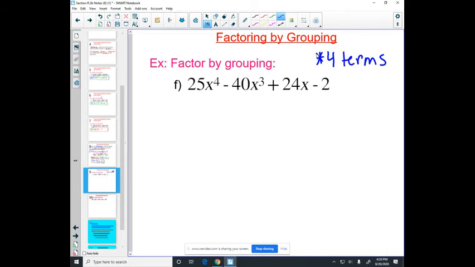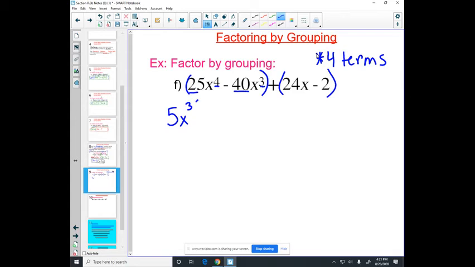So we group the first 2 terms together and pull out what they have in common. 25 and 40 are both divisible by 5. That's the biggest thing they're both divisible by. And then they also have 4 x's here, 3 x's here. So how many they have in common is 3 that I can pull out.